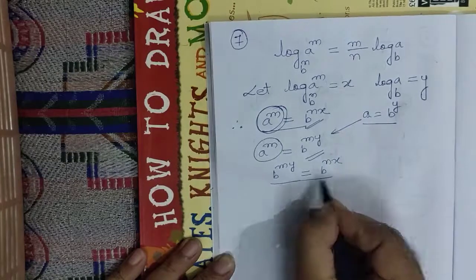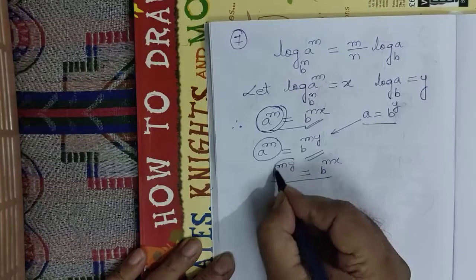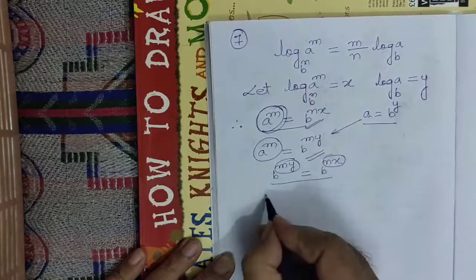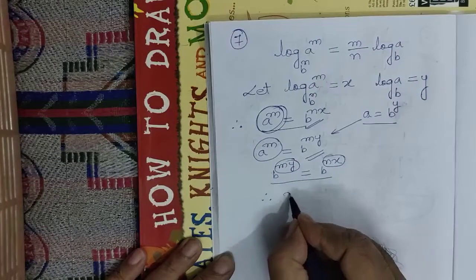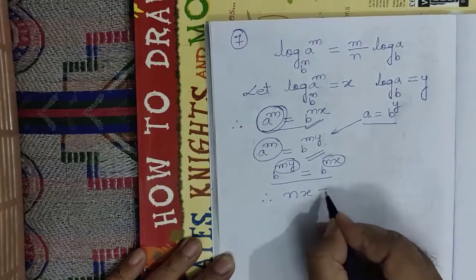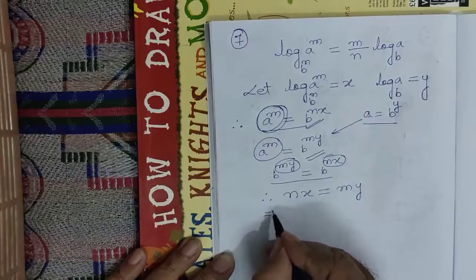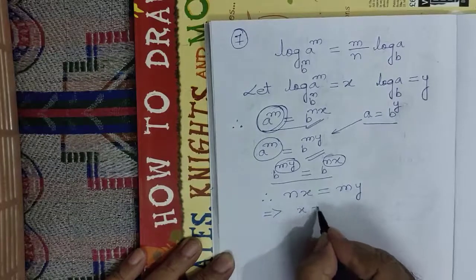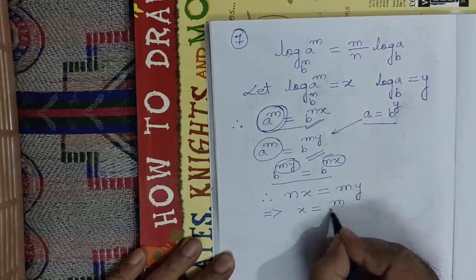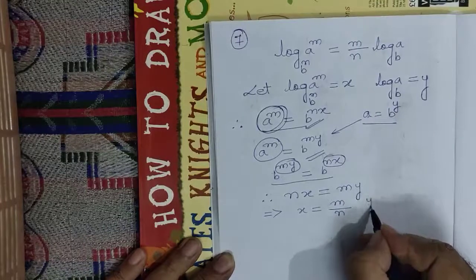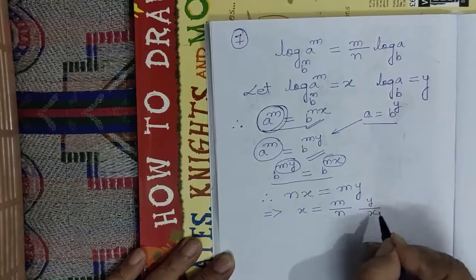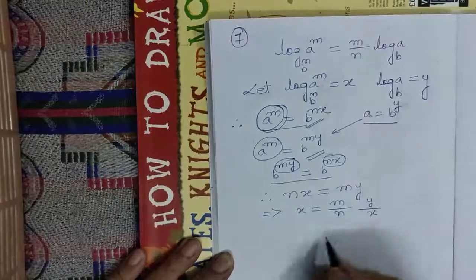Now from here, since base is same, these exponents will be equal. Therefore n into x will be equal to m into y. Now from here, I will be getting x equal to m divided by n, y divided by x. This is what I have got.